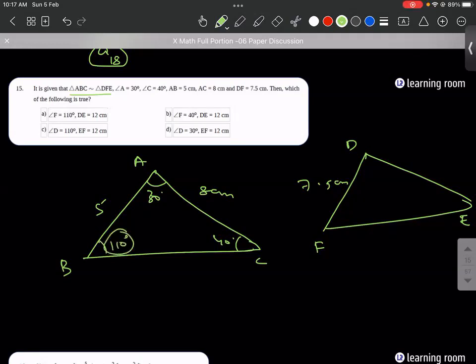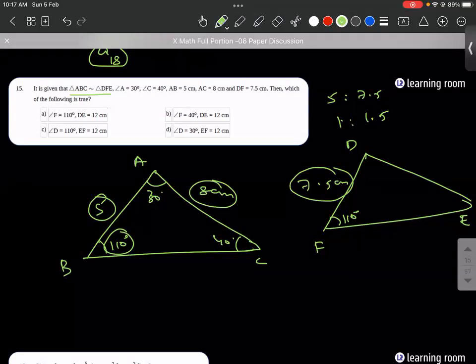If this is 110, this is also going to be 110. Then what about DE? 5 and 7.5, what ratio are they? 5 is to 7.5, what ratio is this? 1 is to 1.5. Yes. So 8 multiplied with 1.5 is how much? 8 into 1 is 8 plus 4. This is the answer.